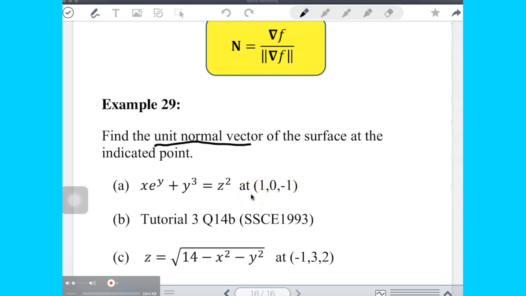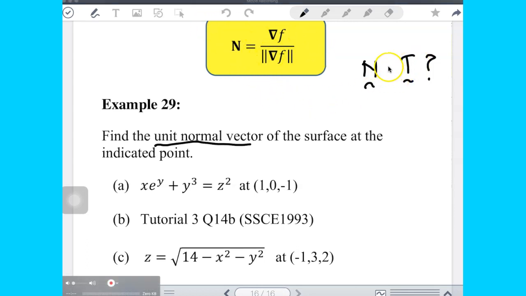Okay, so if you're asking me, as I mentioned earlier, whether your capital N here is the same as the capital N that you obtained from capital T? Yes, it is the same, but the way you calculate them is different because you have different information provided.